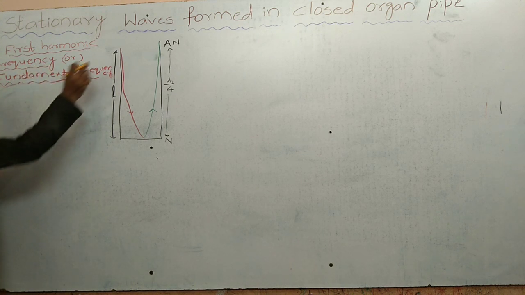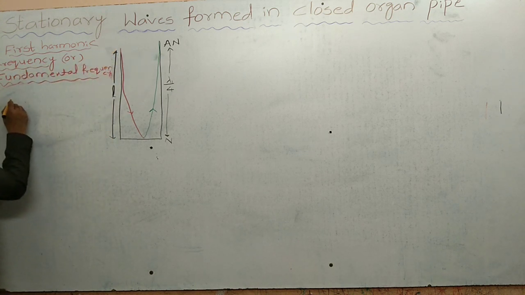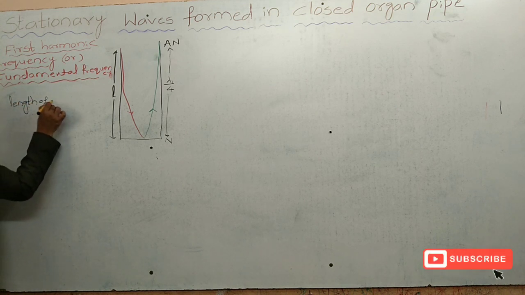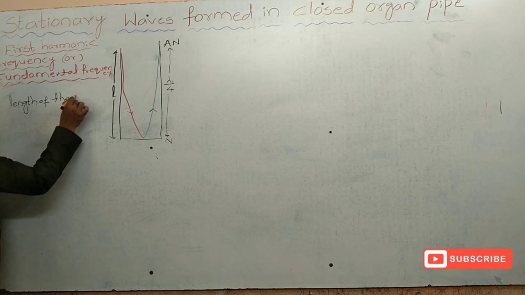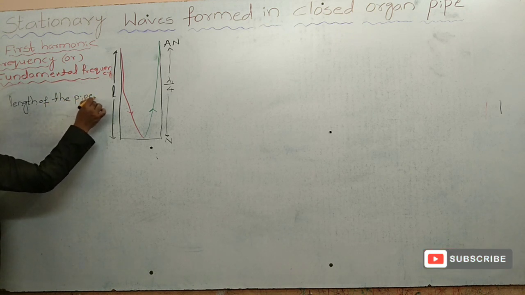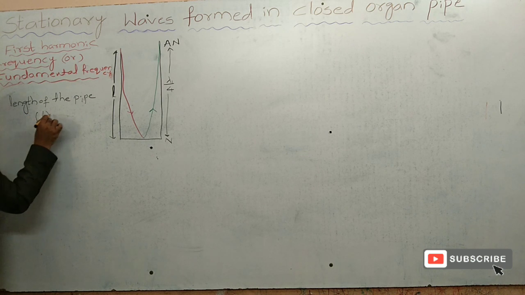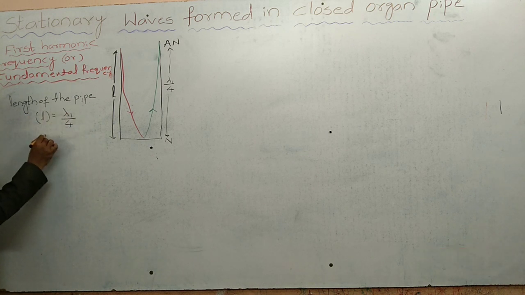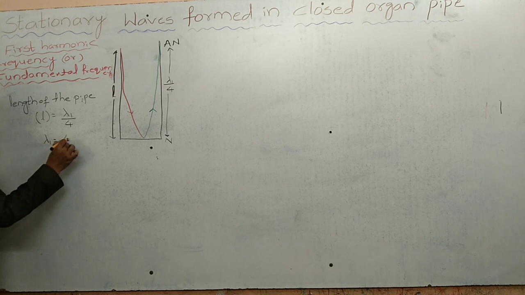So every time we take the length of the pipe, L equals lambda 1 by 4, and lambda 1 equals 4L.